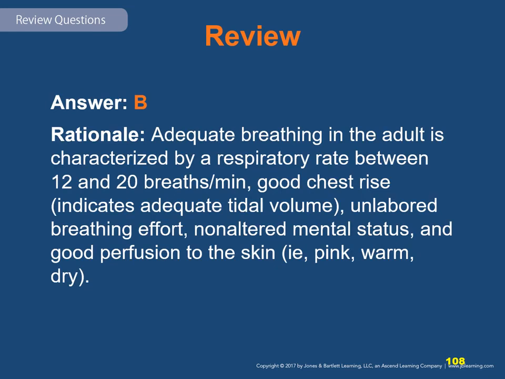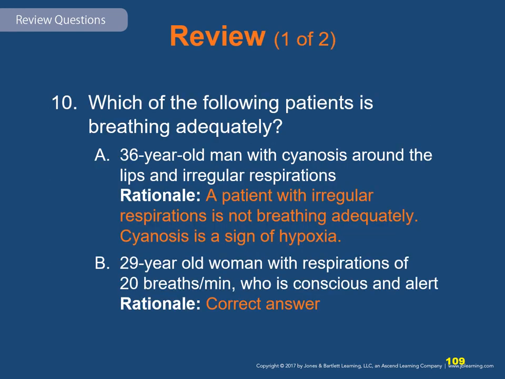Adequate breathing in the adult is characterized by a respiratory rate between 12 and 20 breaths per minute. Good chest rise indicates adequate tidal volume, unlabored breathing effort, non-altered mental status, and good perfusion to the skin, i.e. pink, warm, and dry. Answer A: a patient with irregular respirations is not breathing adequately.